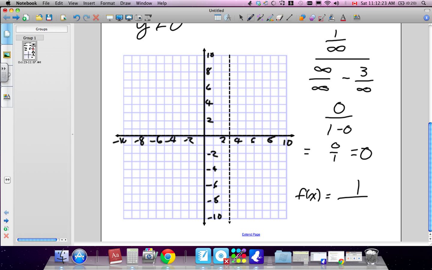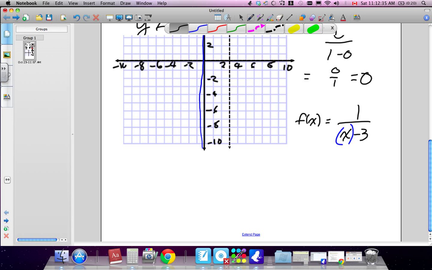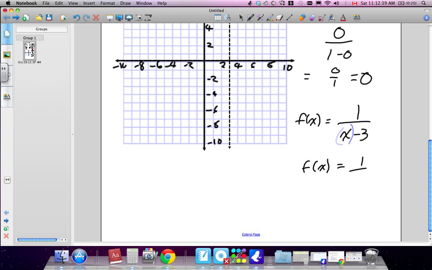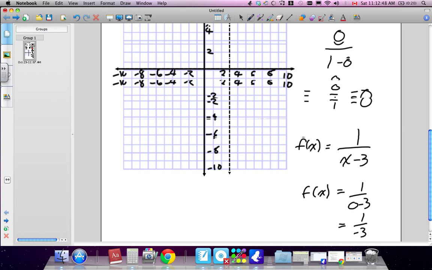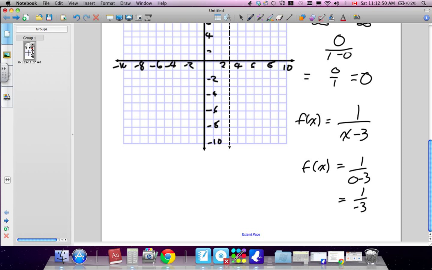And when we're finding a y-intercept, we're looking at when x is what value? 0. So we're going to plug it in. It's pretty simple. We're going to end up with f of x is equal to 1 over 0 minus 3. Where's our y-intercept? 1 over negative 3. Important. Okay. So our y-intercept is x is 0, y is negative 1 over 3.